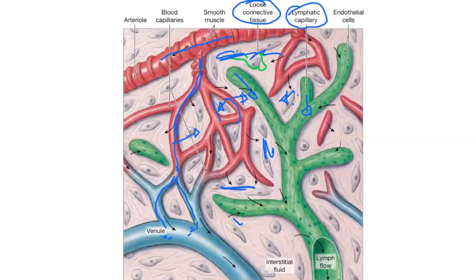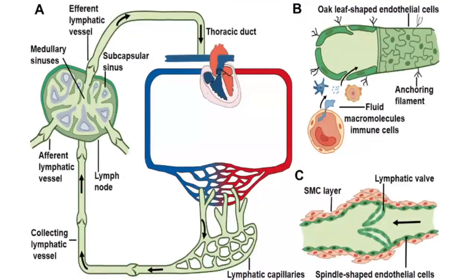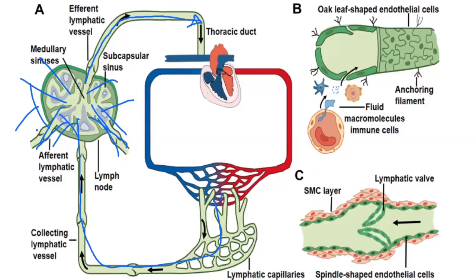This is how the lymph collects into the lymphatic duct. So lymph is collected and goes to the lymph node from different afferent vessels, exiting through only one efferent, finally ending in the thoracic duct.